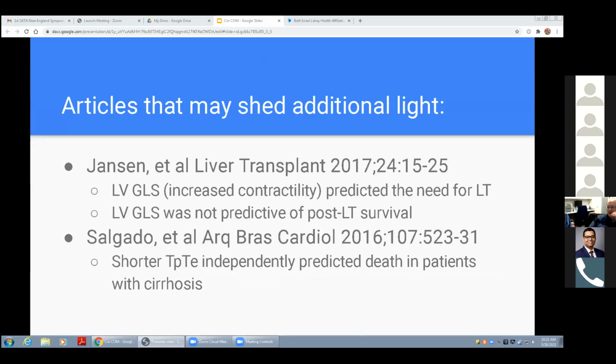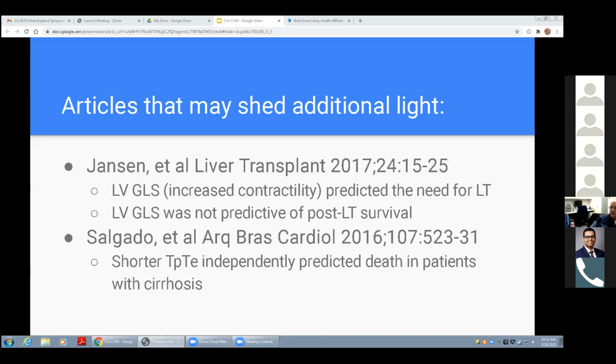The same marker, GLS, had no influence on post-transplant outcomes. Therefore, when this study, which followed a very specific transplant population throughout the whole transplant timeline, looked at this particular marker, it proved to be a better predictor of decompensation and the need for transplant, rather than outcomes post-liver transplantation.